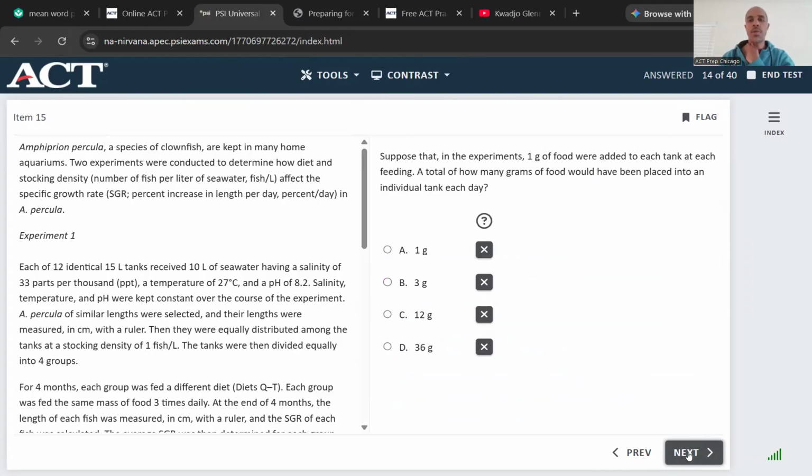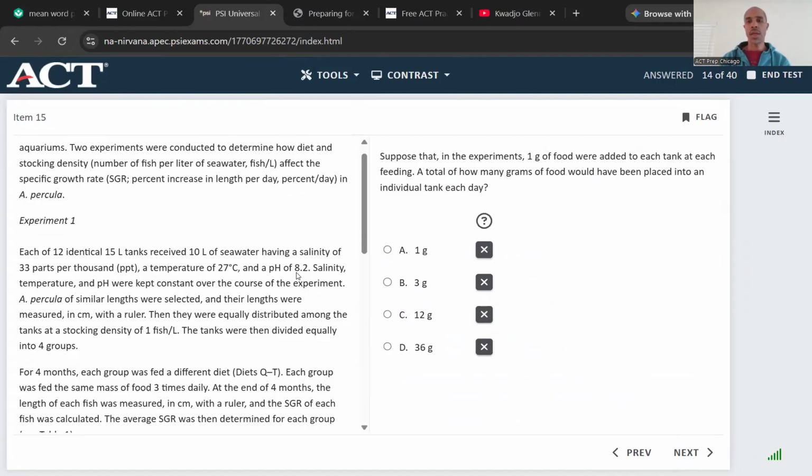Suppose that in the experiments, 1 gram of food were added to each tank at each feeding. A total of how many grams of food would have been placed into an individual tank each day? So in the experiments, 1 gram of food were added to each tank at each feeding. How many times were they fed?